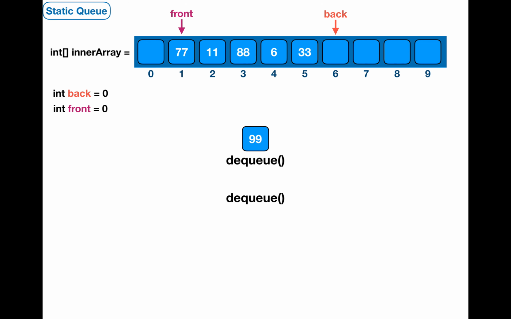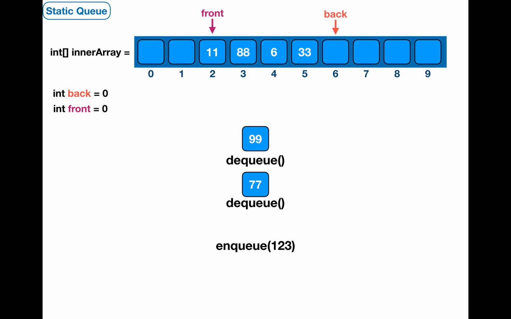And that works perfectly well. So if we dequeue again, we're going to remove the element at the spot front, and then we're going to null that element, and we're going to continue moving that forward. Now you can come up with your own algorithm for this. I'm not going to give you pseudocode for it, but this is generally how this would work.